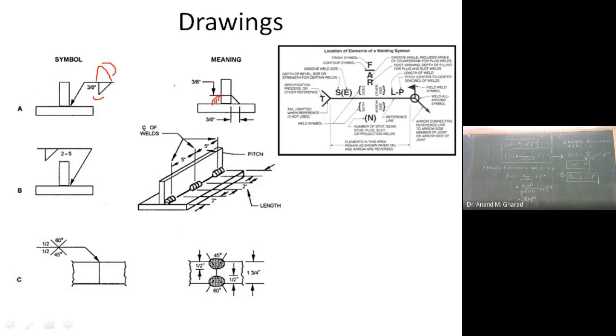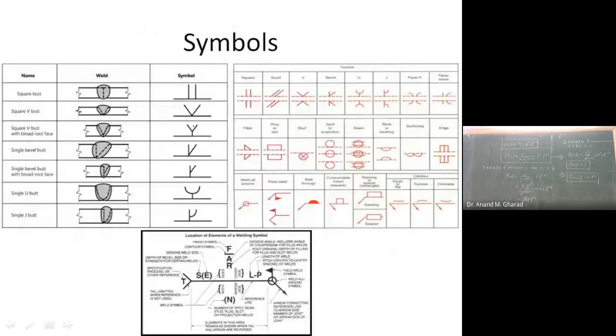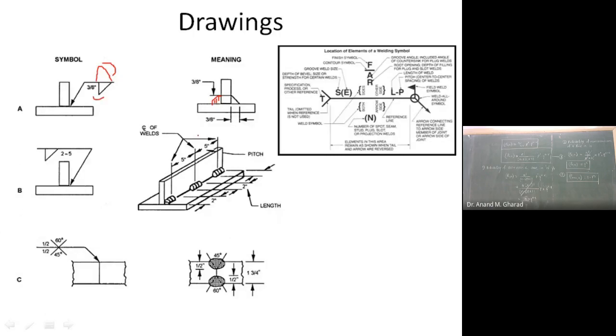Look at this symbol, this is the convex representation of the weld. And if it is a fillet weld plus convex nature, then it has to be shown like this. Along with this, the size of the weld has again to be represented. So over here, the size of the weld shall be 3 by 8 inch.